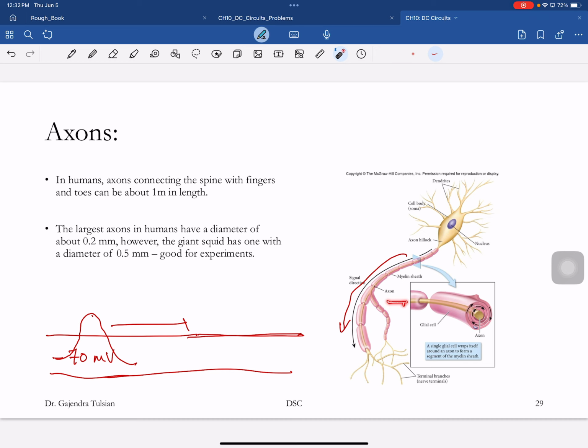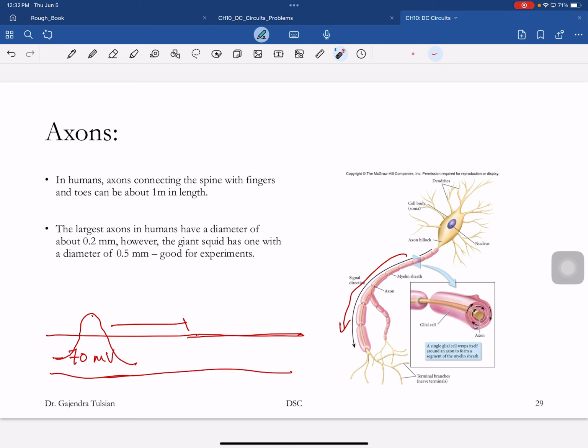There's the axon that's inside the cell, and these are myelin sheaths, which are sort of energy preserving devices. The nerve impulse will jump across that. So anyway, these save you energy.